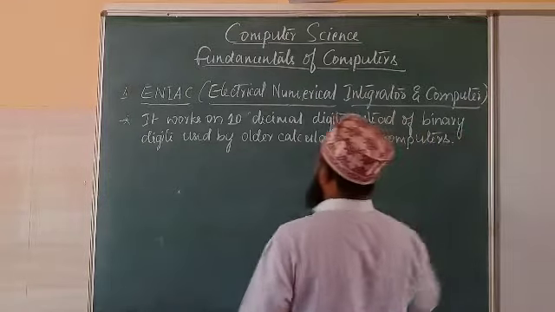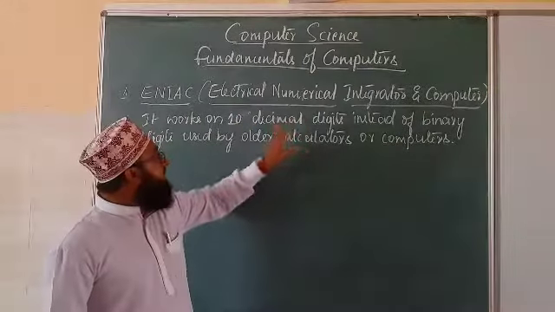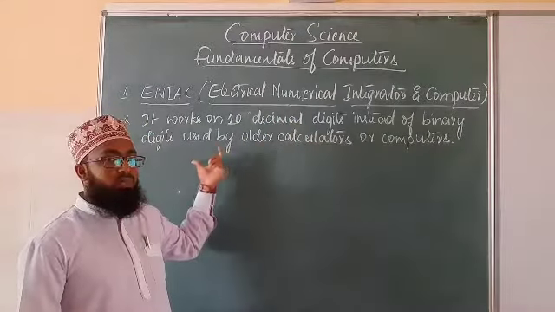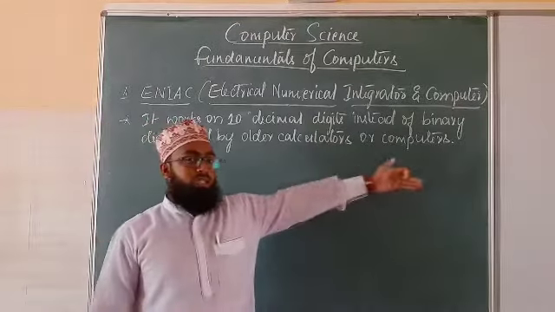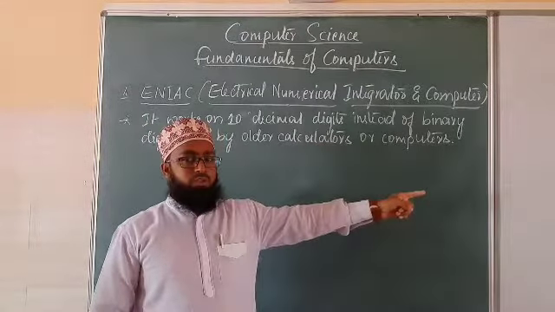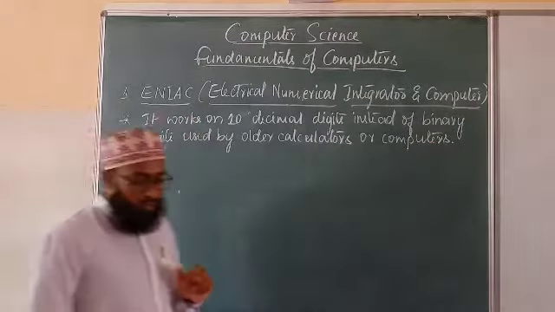ENIAC will operate on 10 decimal digits instead of using binary, just 0 and 1. It will take 1, 2, 3, 4, 5, 6, likewise 10 decimal places. ENIAC works on a 10 decimal basis.